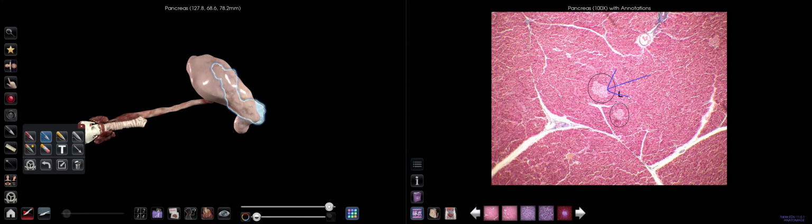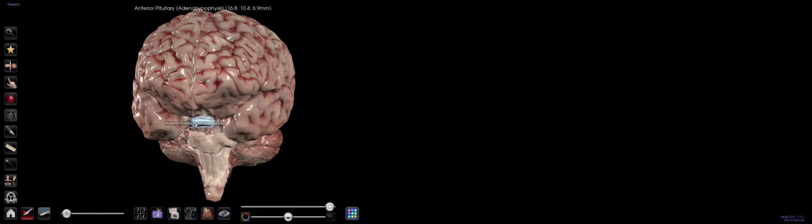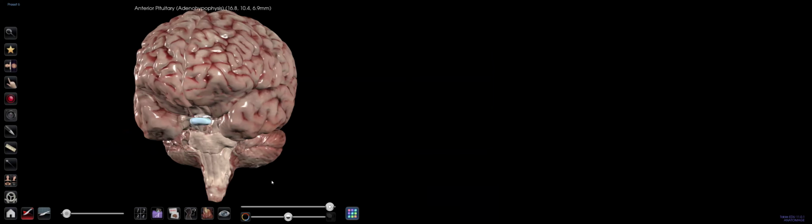All right, so now let's go to preset number 6. Let me load that up. Now we're looking at preset number 6, and we want to look at the anterior pituitary, and we still have our histology up. There's the anterior pituitary.